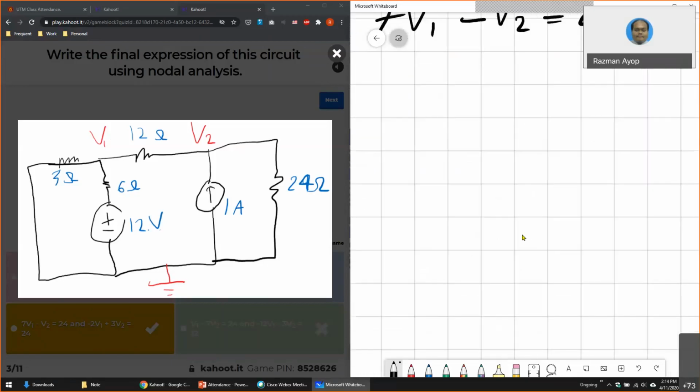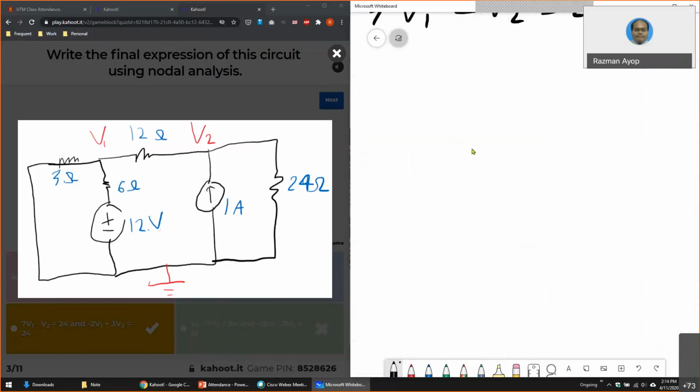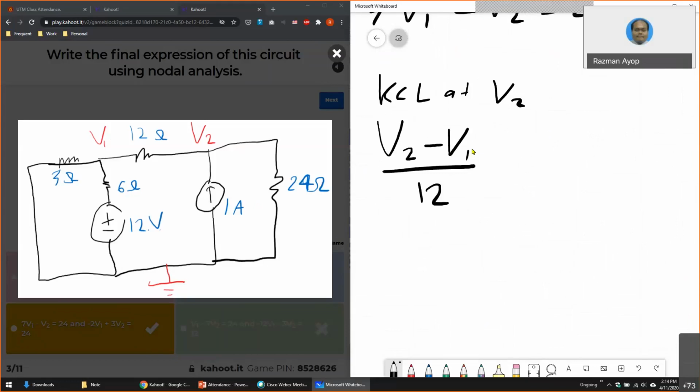Then you apply KCL at V2. Use the same concept. For the 12 ohm, (V2 minus V1) divided by 12. Then this one is on the opposite side, the direction is into the node, so instead of positive, you change it to negative for the current source. Then (V2 minus 0) divided by 24 equals 0.